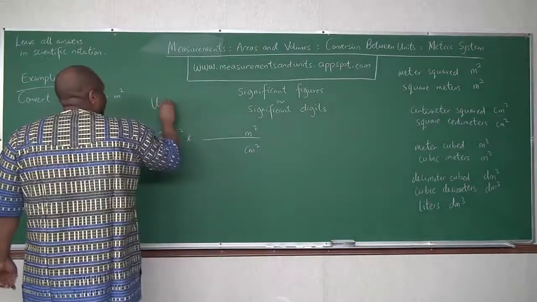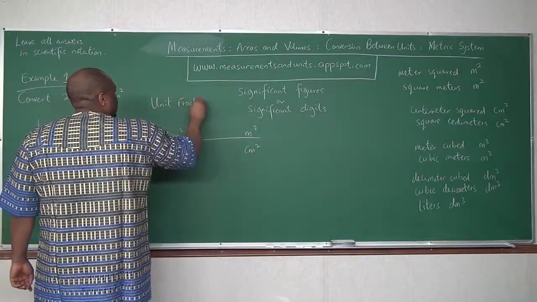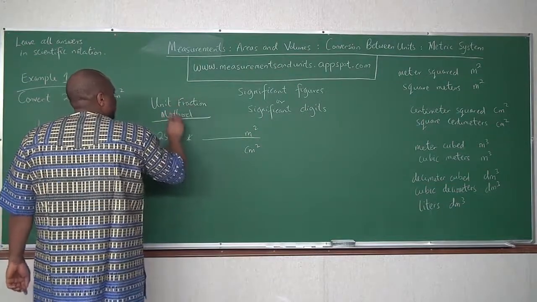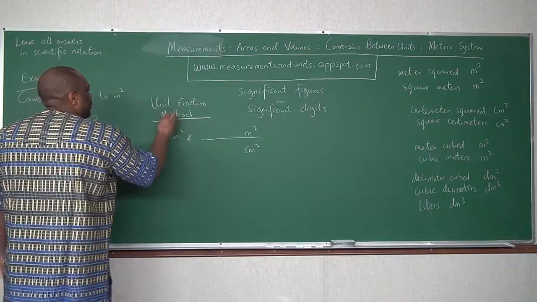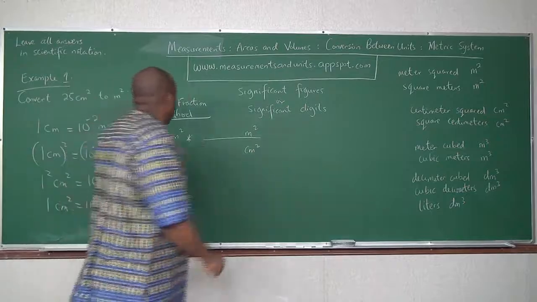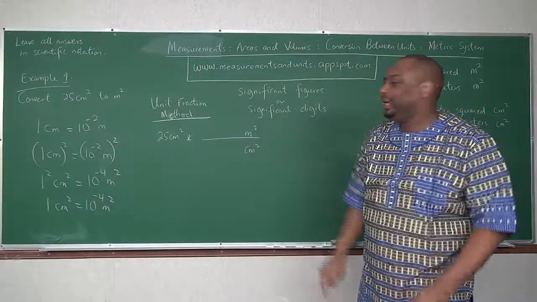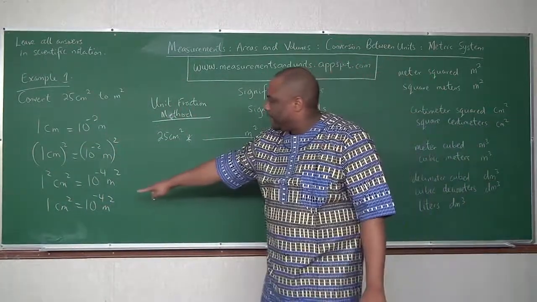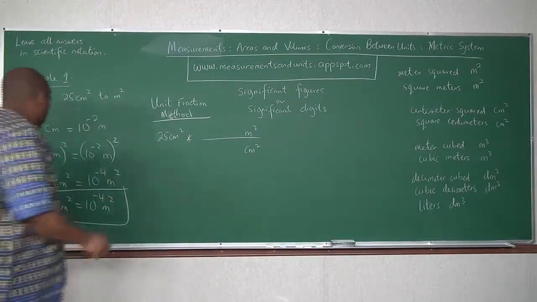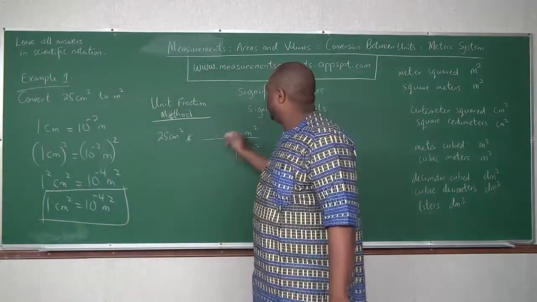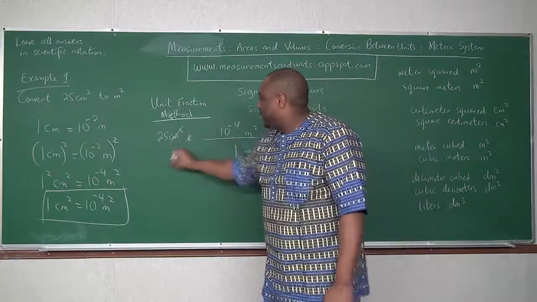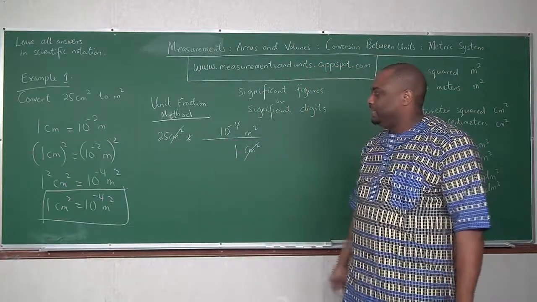That is the method I prefer. So we just write this like this, and then we check from here that 1 centimeter squared will be 10 to the negative 4. So you write this so that you can cross out this, and you now have meters squared.